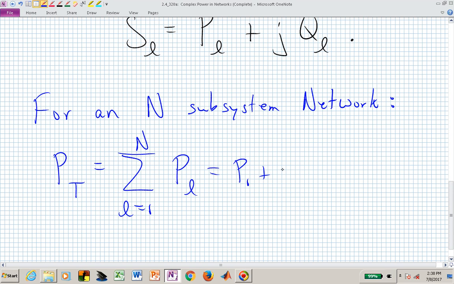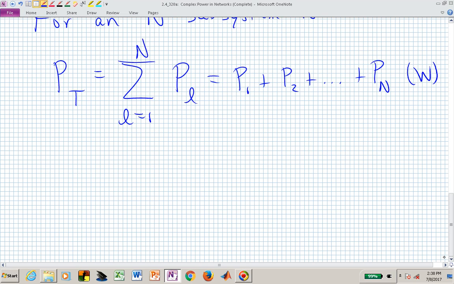So we have P sub 1, P sub 2, up to P sub capital N, and that's now in watts. That's the total real power of that interconnected network.